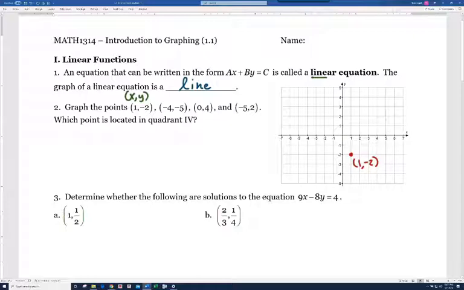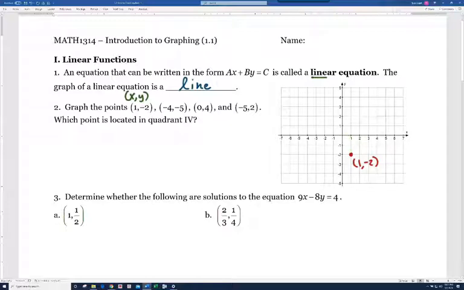And we're going to go 1 in the positive x direction, so that takes us to here. And then we're going to go -2 in the y direction. Now on the y-axis, positive is up, negative is down, and so we're going to go down 2. And so starting from the origin, we go 1 to the right and down 2.